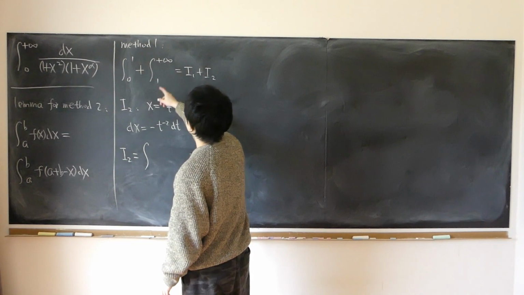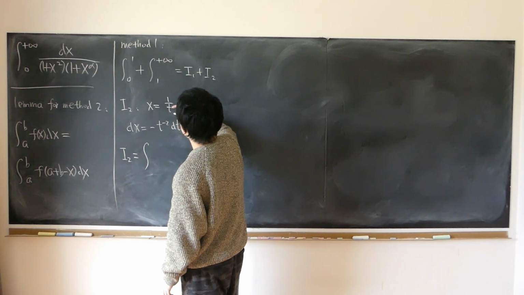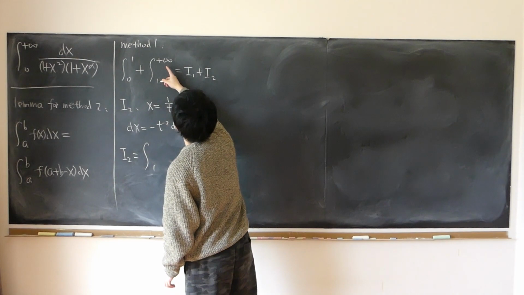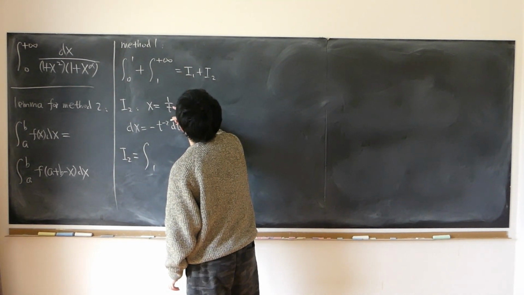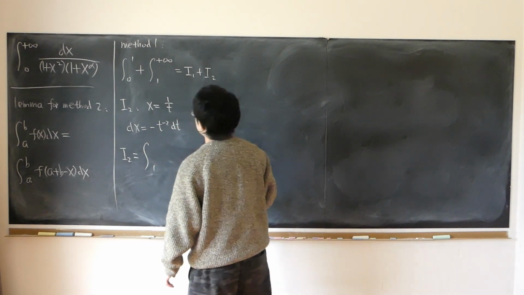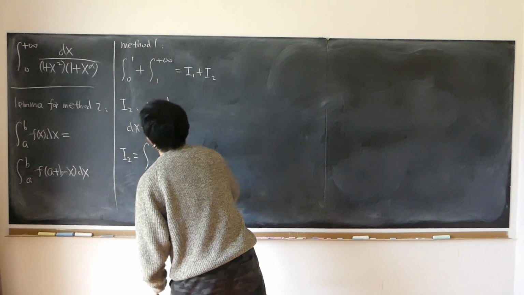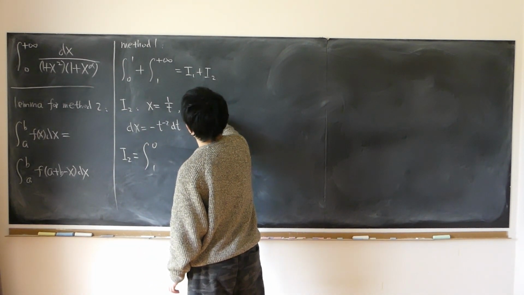For I2, when x is equal to 1, t is also equal to 1. When x approaches positive infinity, t approaches 0. Here, t does not equal 0, but t could approach 0.